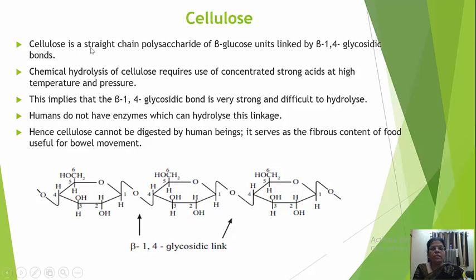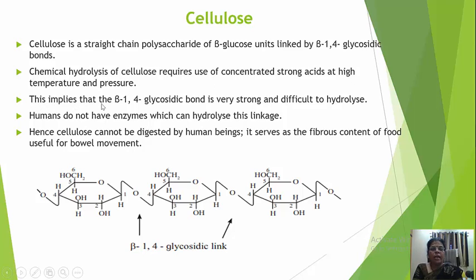Cellulose is a straight chain polysaccharide of beta glucose units linked by beta 1,4 glycosidic bonds. That is, cellulose is a polysaccharide of beta glucose formed by beta 1,4 glycosidic linkage. Chemical hydrolysis of cellulose requires use of concentrated strong acid at high temperature and pressure.